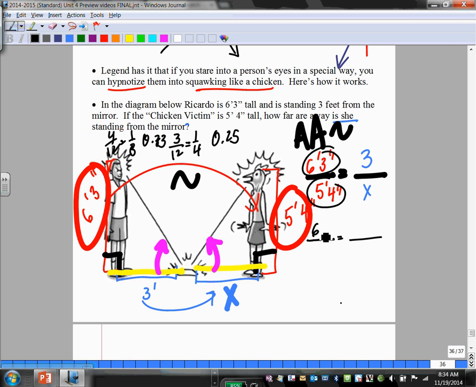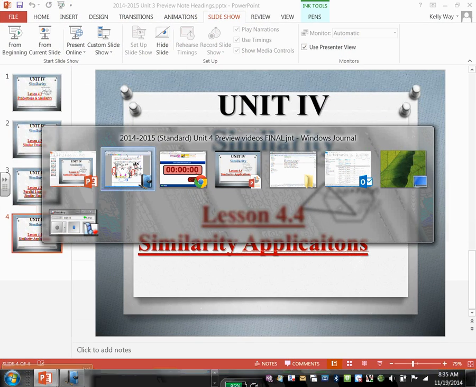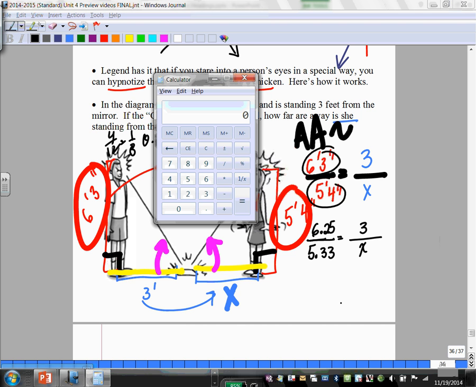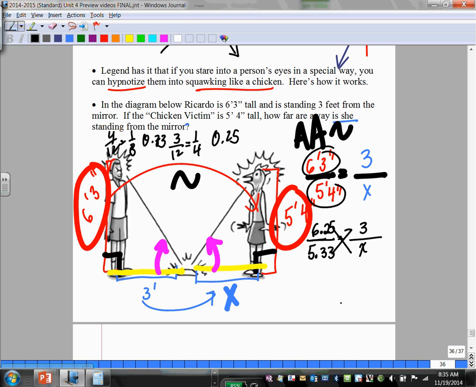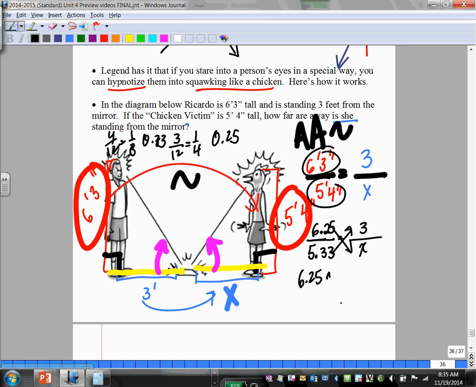So this is going to be 6.25 over 5.33 equals 3 over x. We cross multiply and solve. So we cross multiply like this, and when we solve, we're going to end up with 6.25x equals 3 times 5.33. We divide by 6.25.